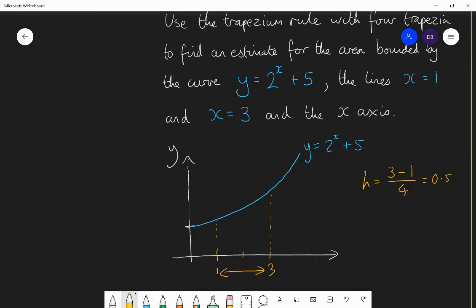So each trapezium is 0.5 apart, which makes sense because if I want to split the area between x is 1 and x is 3 into 4 different sections, I would go 1, 1.5, 2, 2.5, and 3. And that would then split the area into 4 different sections, each the same width apart, each 0.5 apart.